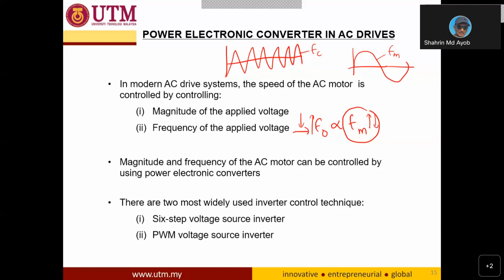Okay. So they depend on the control system now. Whether to use a square wave, sometimes we call 6 step. This one is a square wave, maknanya dia pakai square wave.